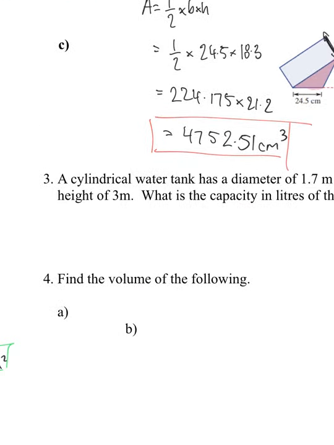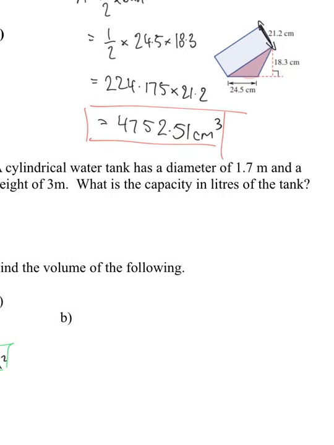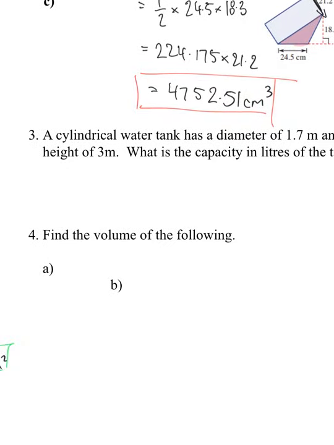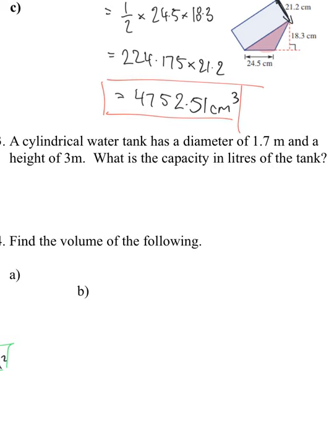Right, question 3. We've got a cylindrical water tank. It's got a diameter of 1.7 meters and a height of 3 meters. What is the capacity in liters of the tank? What I recommend, guys, is if you get a worded question, that you always draw a picture. So I'll do that now. We have a tank.